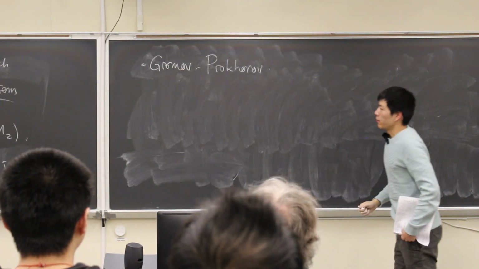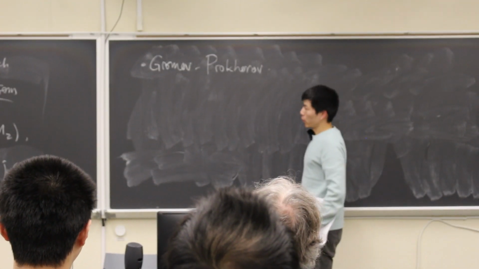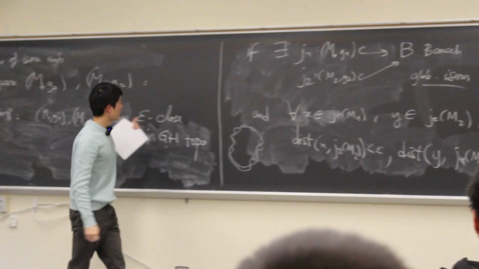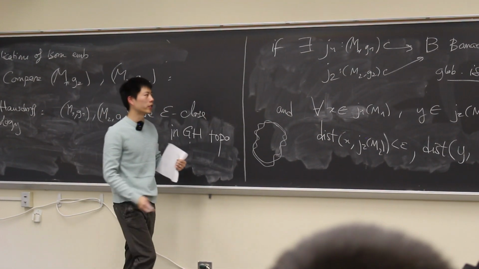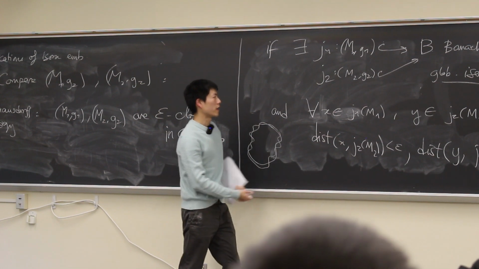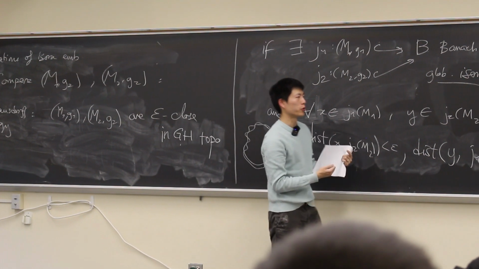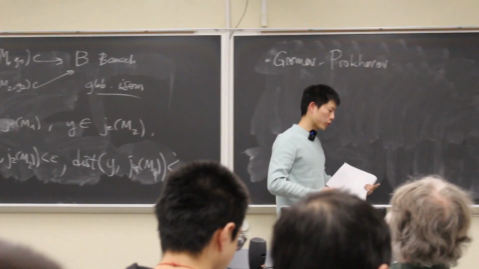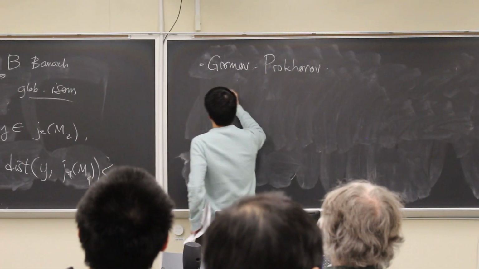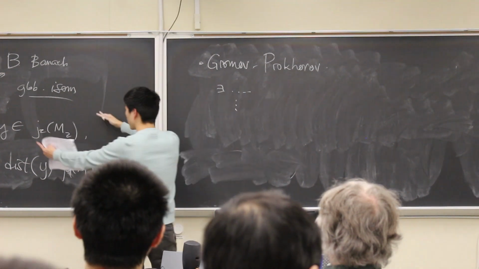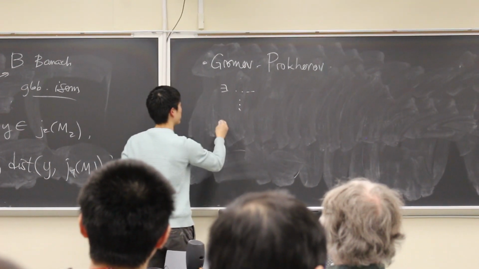Let me mention the Gromov-Prokhorov topology, which is almost the same, except that at the end, you say that you're epsilon close in that new topology if you have such global isometries such that the images are close in the measure sense. So as measures, they are close. Same thing, except those last lines.